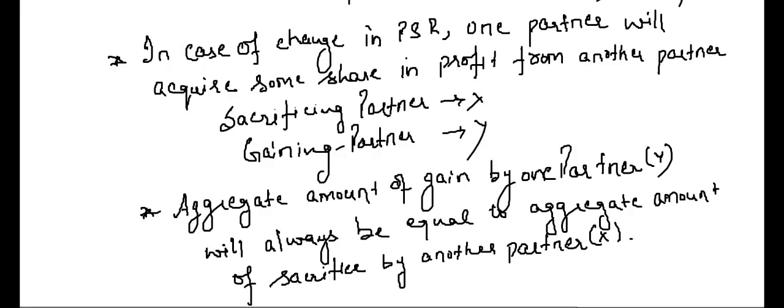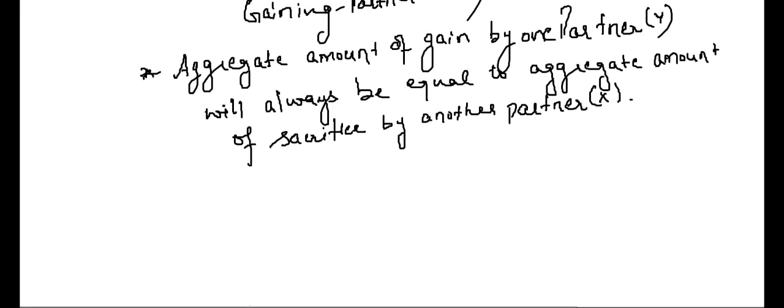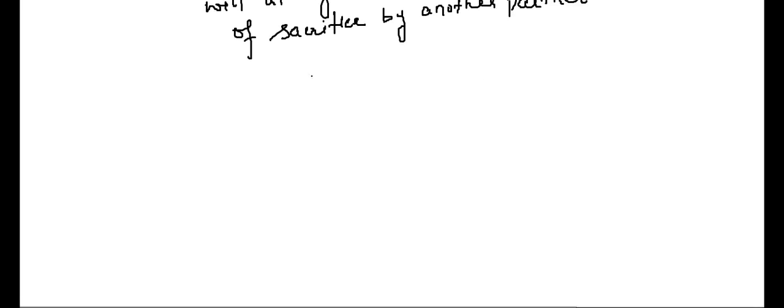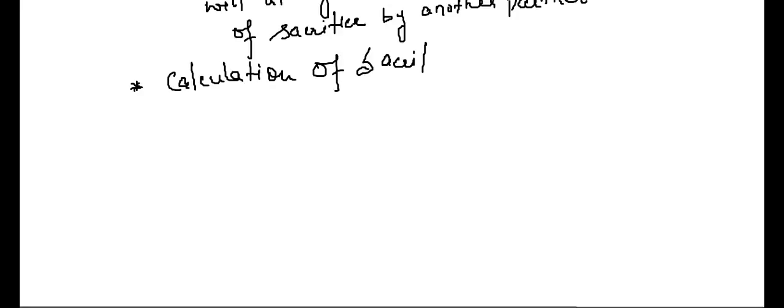This is the first step in change in profit sharing ratio, that is to calculate the sacrifice or gain. How to calculate? Calculation of sacrifice by a partner, or I can say gain.